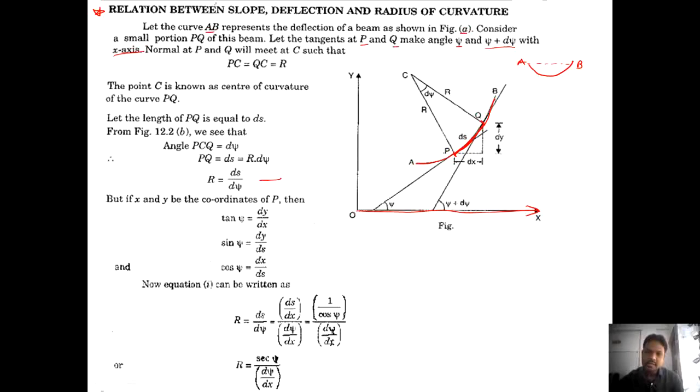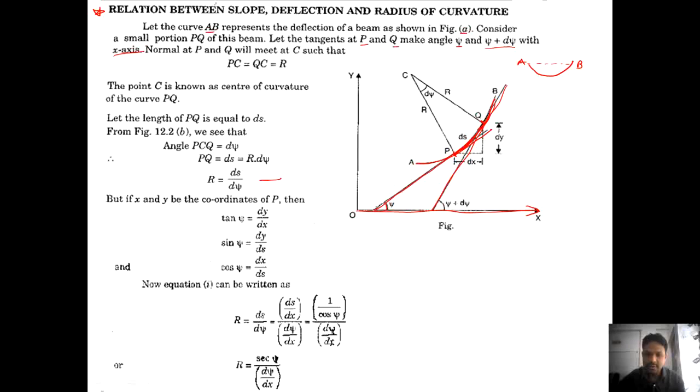At point P you draw a tangent to the curve PQ. Similarly, we draw a tangent at point Q, which is tangent to the curve PQ.